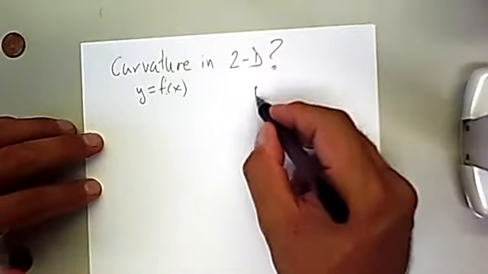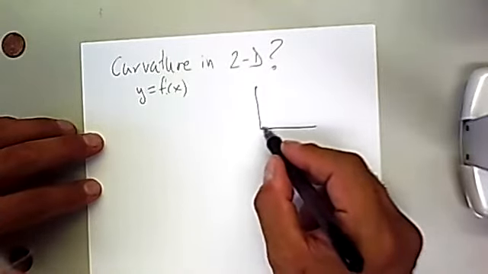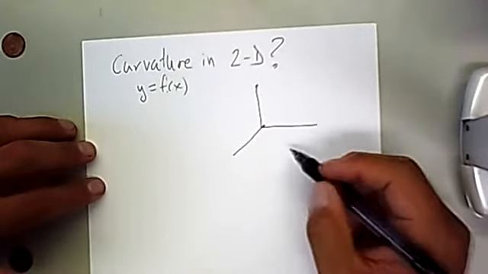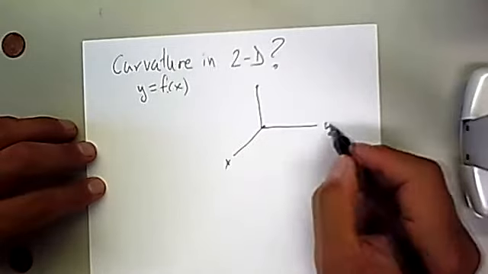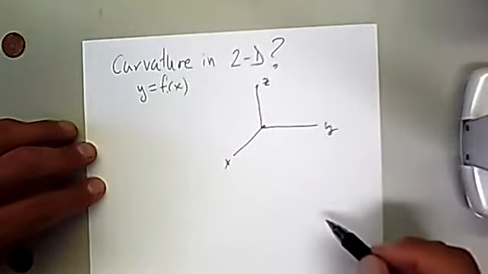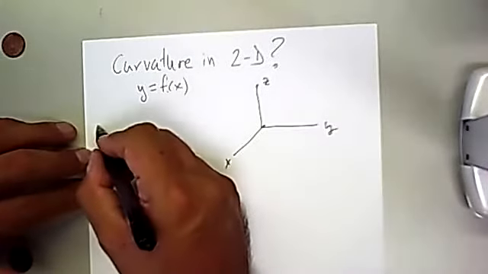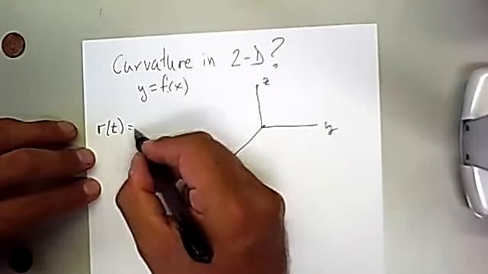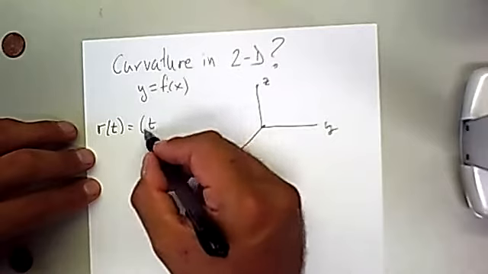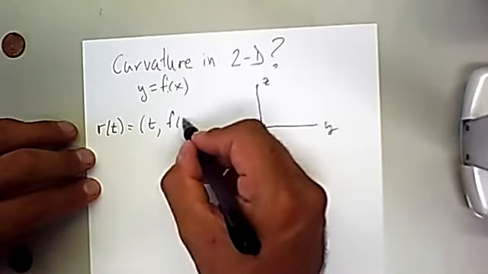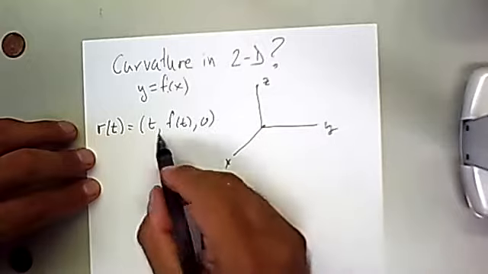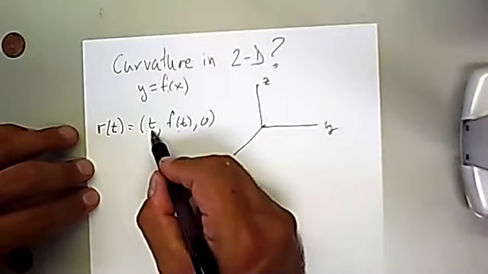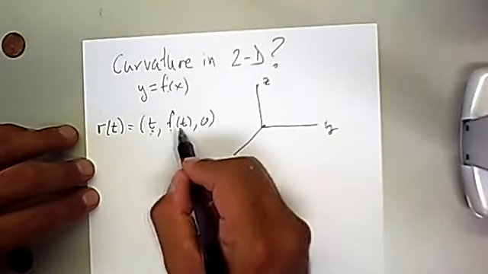Technically, that is a two-dimensional function, but we can embed it into a three-dimensional space. There is x and there is y, by simply making z equal to 0. So we can define r of t as t, which represents x, f of t, and then 0. So there's the three components, x, y, z. So since we label this as x, we can think of x, f of x, and 0.